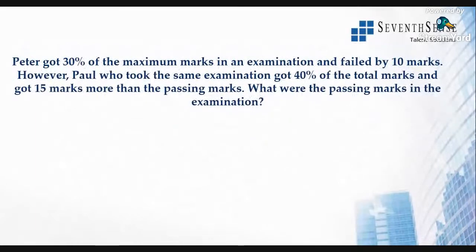I think this is also the same type of question. If Peter got 30% of the maximum marks in an examination and failed by 10 marks. However, Paul, who took the same examination, got 40% of the total marks and got 15 marks more than the passing marks.